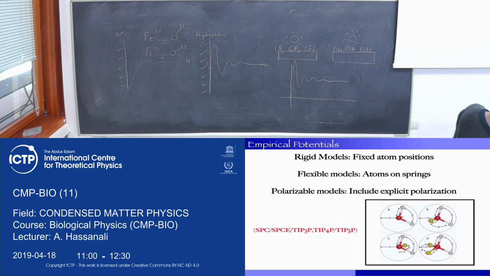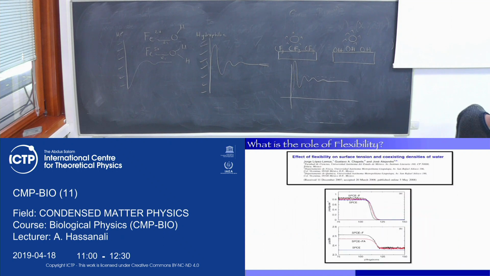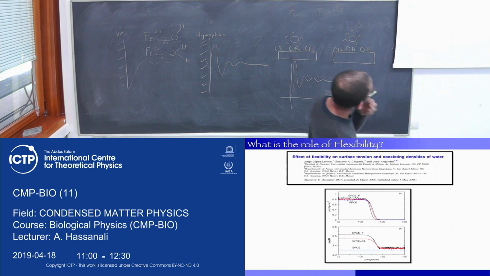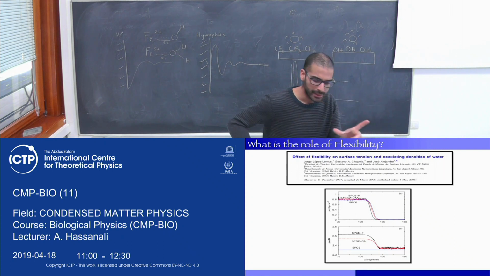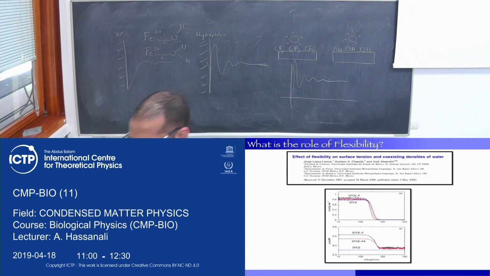Okay? I think I'll skip this, or let's see. Maybe I'll show this to you. Typically, in many models, we constrain the bond lengths of both the water and the protein. We do this because it allows us to use larger integration time steps.